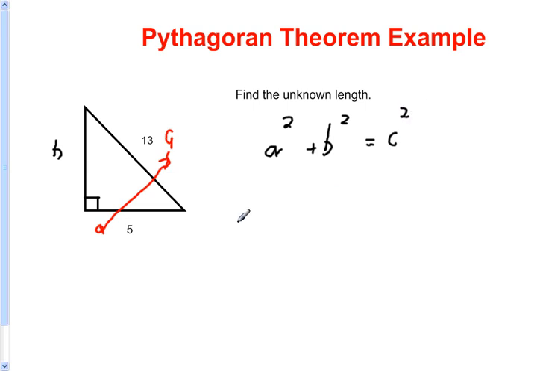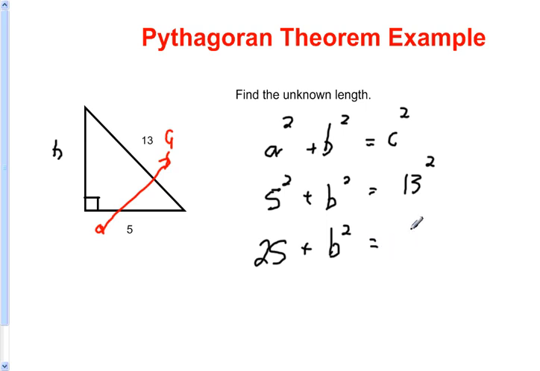Plug in our numbers. A in this case is 5 squared plus B, we don't know, so we're just going to call it B squared. And C is 13, and we're going to square that. Now, 5 squared is 25. B squared is just B squared.